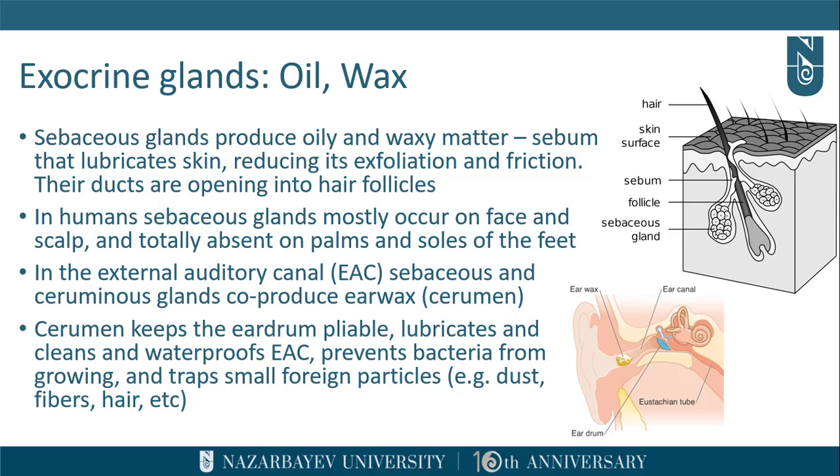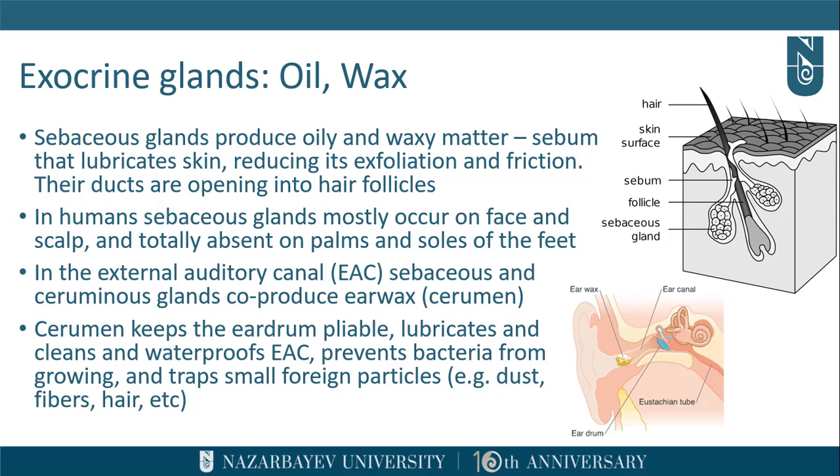So oil and wax is generated by exocrine glands, and we can find the sebaceous glands near the formation of hair that secretes the oil to the surface of the skin, on our faces or in the skin of our head.